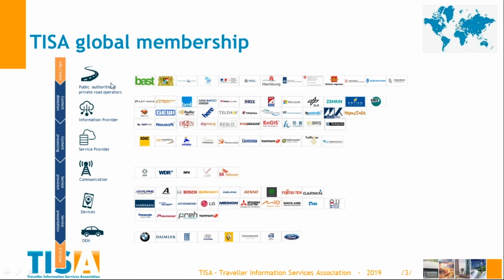And as you can see on the left-hand side, the membership represents the whole value chain from content detection to event presentation. But the technologies that we are promoting are more focused, of course, at the end of the value chain, where the information is presented to the driver.